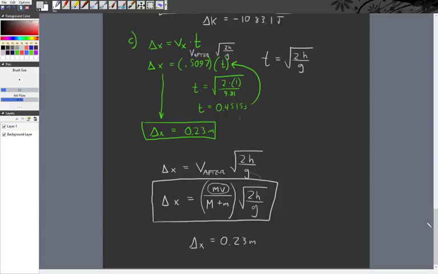Okay, one last point. I want you guys to think about the quadratic formula, right? So the quadratic formula is going to solve a general equation in the form of this.